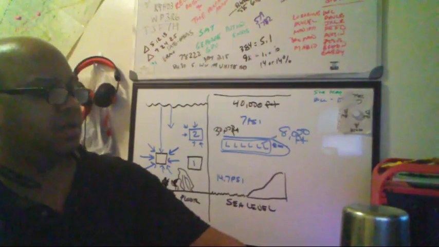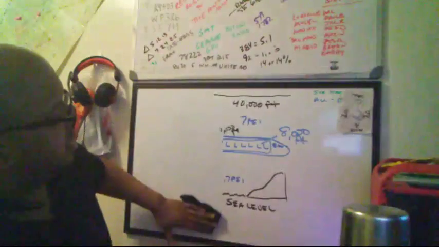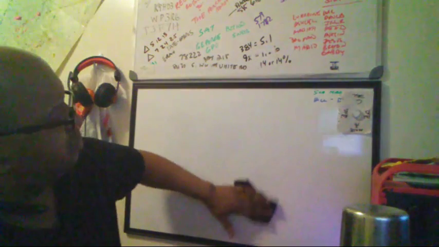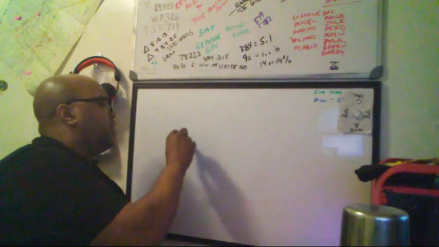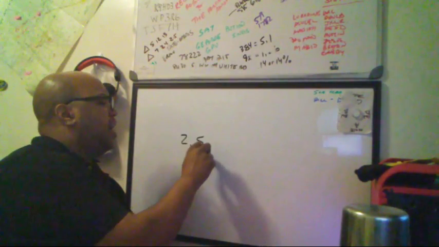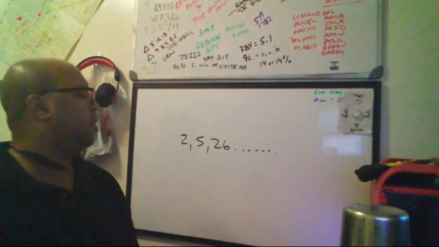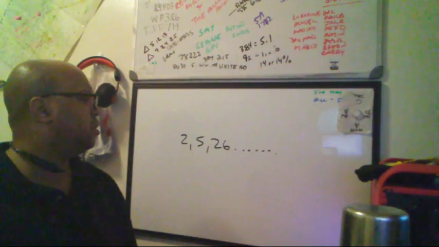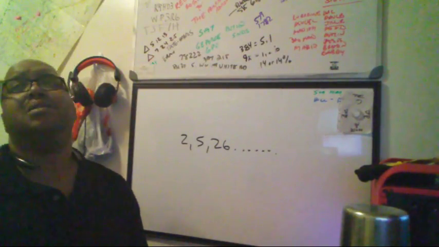All right. Hopefully everybody was clear on that. So he's giving us a 2, a 5, a 26, and what is the next number in the sequence? All right. What are my options?